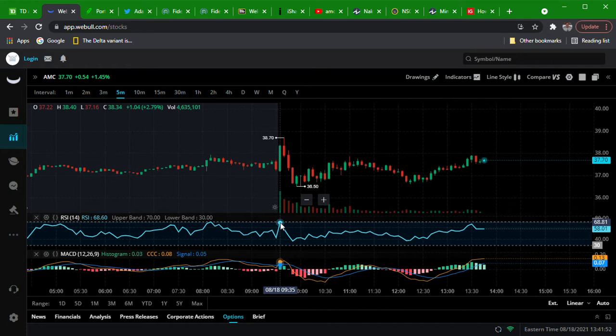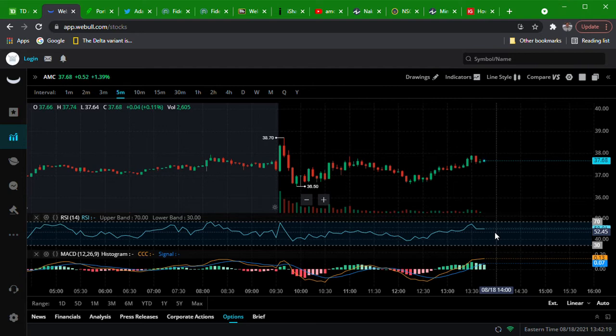Gets on my nerves. We know it's going to sell a little bit, whatever. And that's typically what happens. When it crosses over into the upper band and reaches the tippy top, you can pretty much guarantee yourself it's going to start selling off a little bit, hopefully a little bit, and then reverse trend back up.